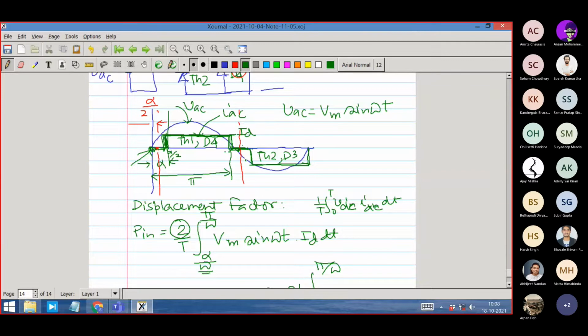So with this shift in the 0, from the original voltage 0 to an angle alpha by 2, I now have to compute only the sinusoidal part of it. So let me compute that. So you understand what I mean. This is the waveform actually. Let me draw it.